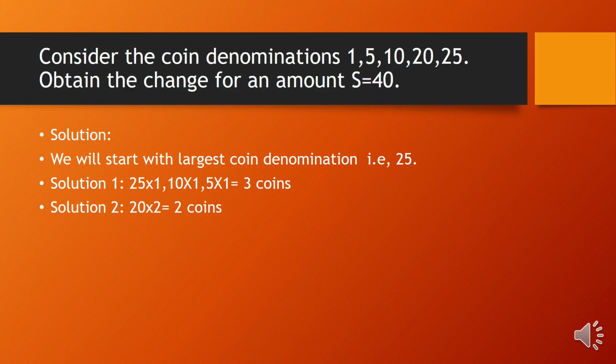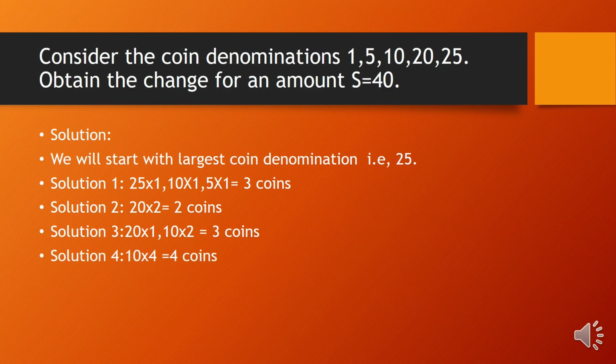Let us try different solutions and finally decide which gives you the fewest coins. If I use 20, I can give 2 coins of 20, so 20 into 2 takes 2 coins. Then using 20 and 10, 2 coins also I can take, and the total becomes 40, but it will take 3 coins. Solution 4: 10 into 4, so using only 10 I need 4 coins.